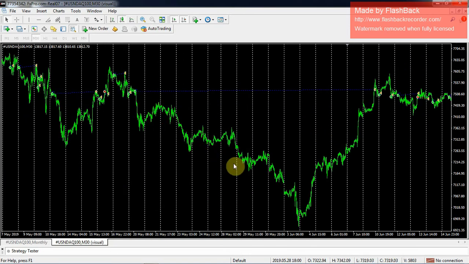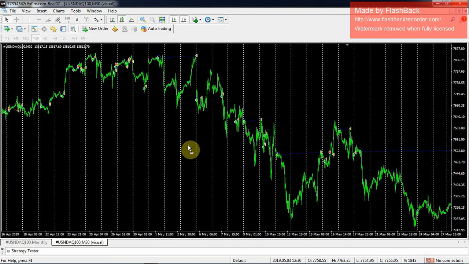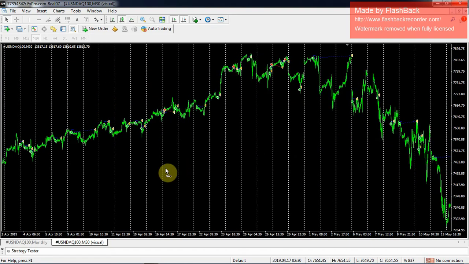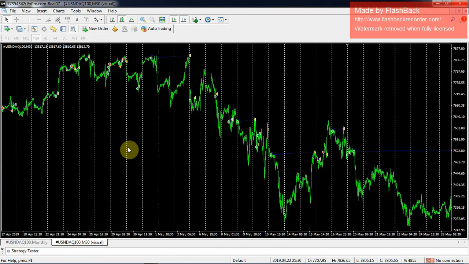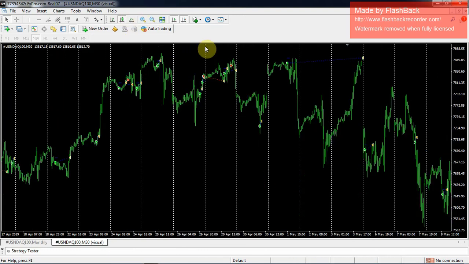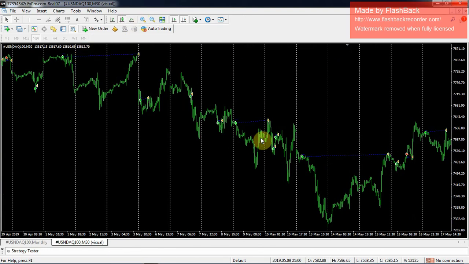Took like 15 days on this trade to close as well. So we only had two bad ones from 2019 till date, 2 bad trades which took 15 days to close. But as you can see, the market was going down and we're still crashing the market. That's what the robot does.